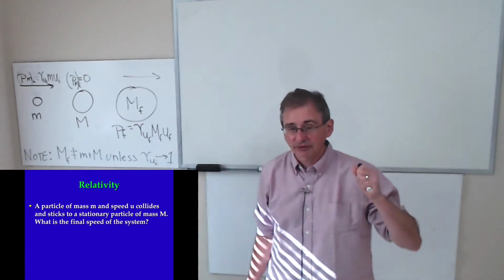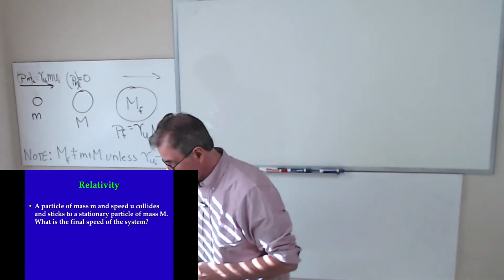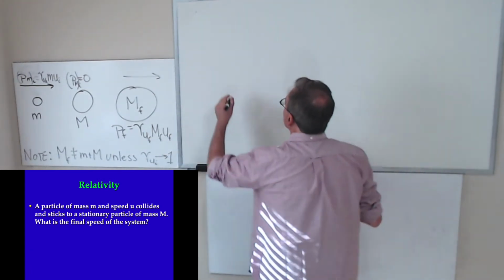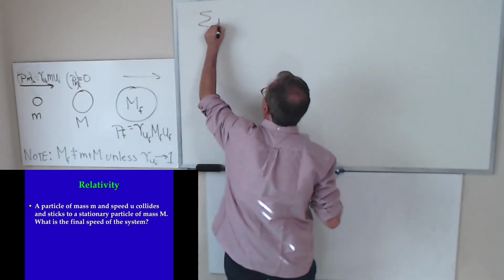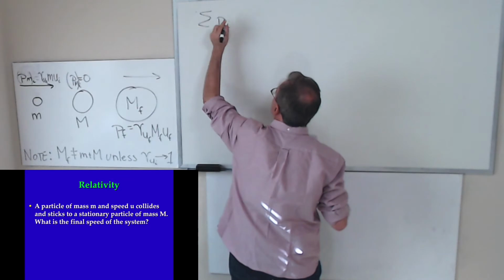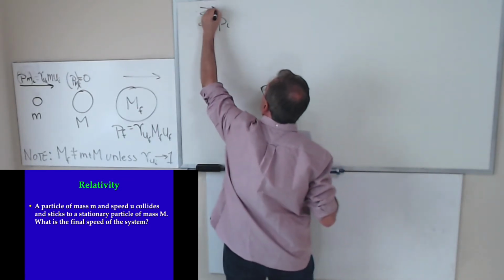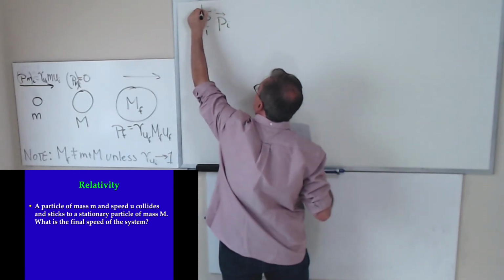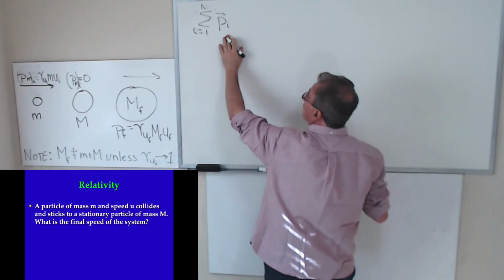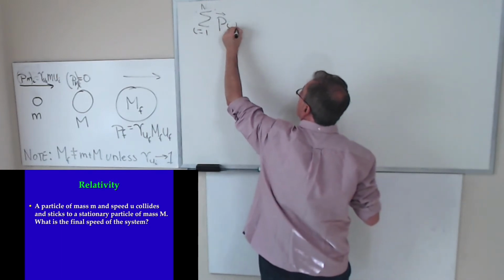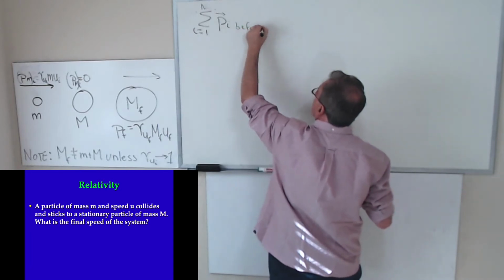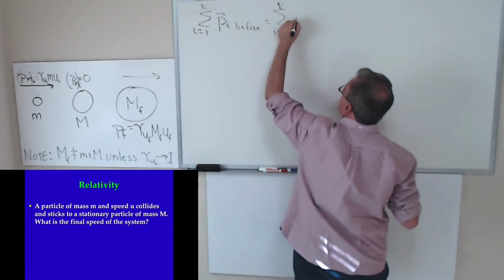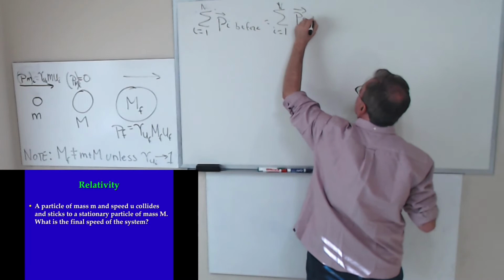And in all these problems, you have to conserve energy and you have to conserve momentum. So in every case that we do involving collisions, we have to say the sum of the initial momenta of all the particles before has to be equal to the sum of the momenta afterwards.